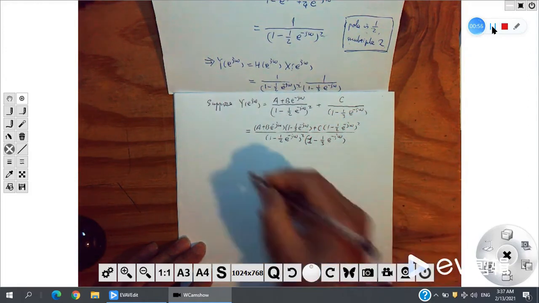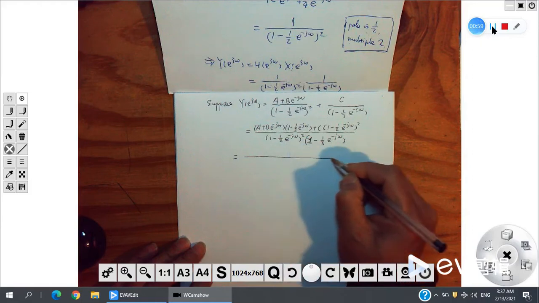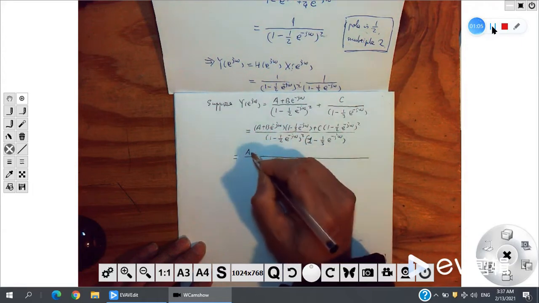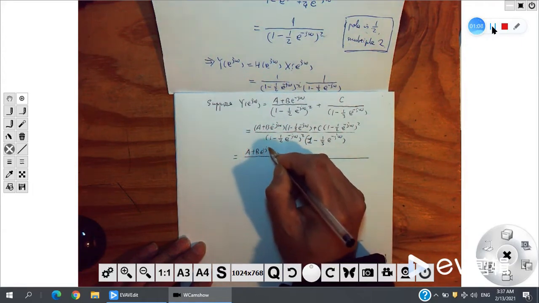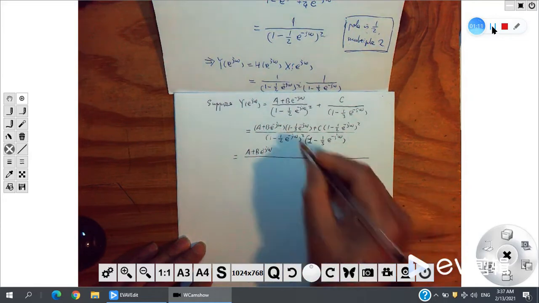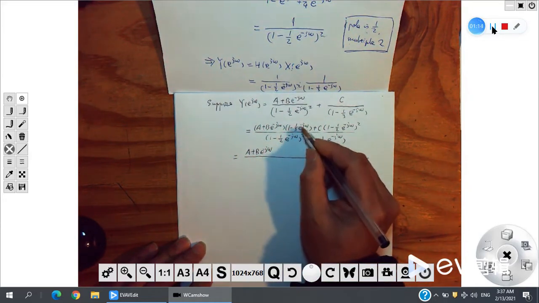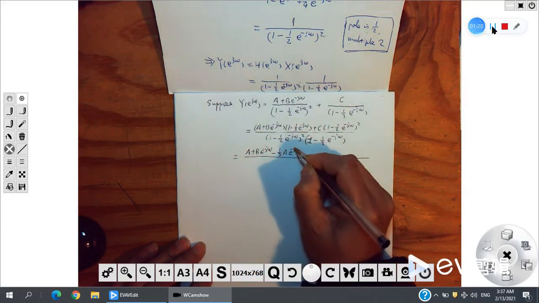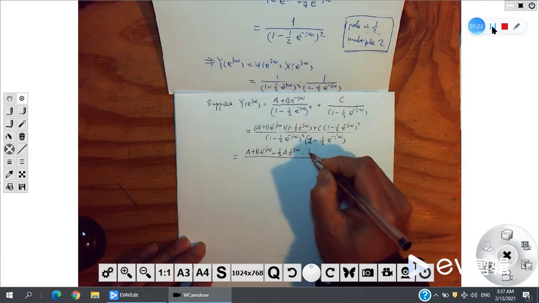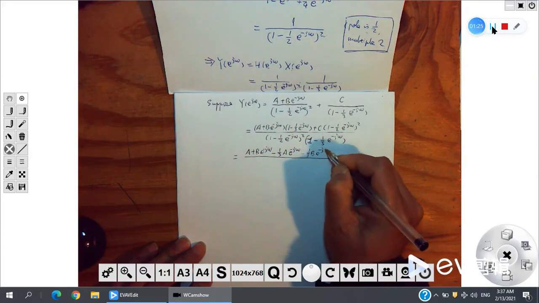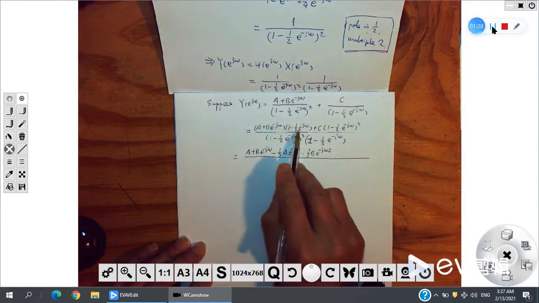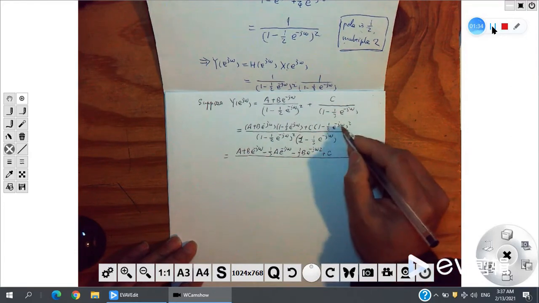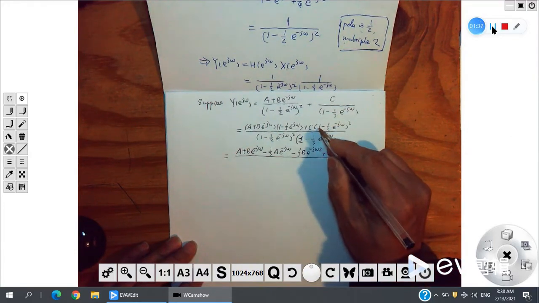Alright, and just multiply them. Here is a plus b e to the negative j omega times 1, and then times negative 1/3 of this one. So I have negative 1/3 of a e to the negative j omega, and negative 1/3 b e to the negative j omega squared. I have two of these e to the negative j omega. And plus c: the square, the first term is still 1, so 1 times c.